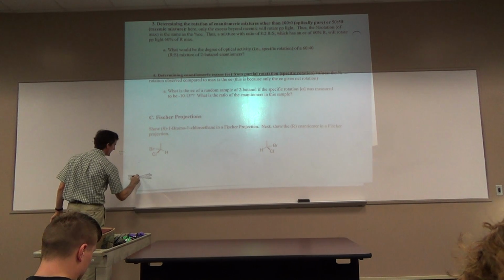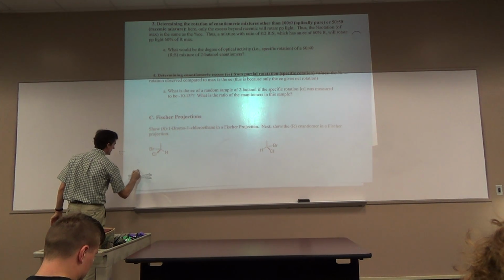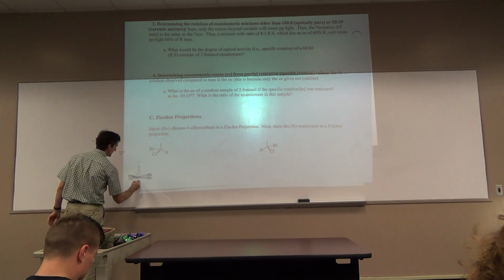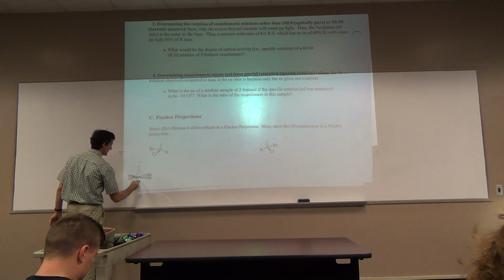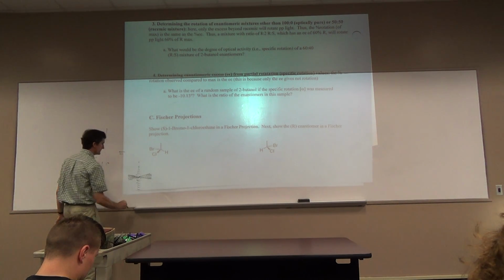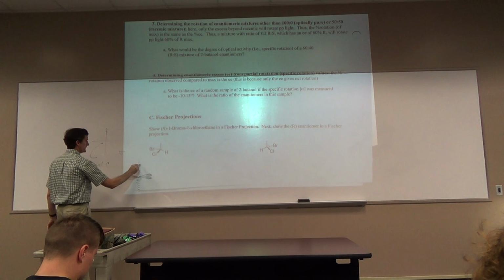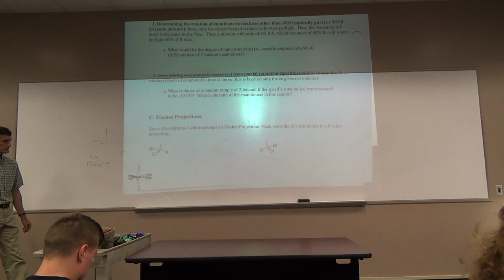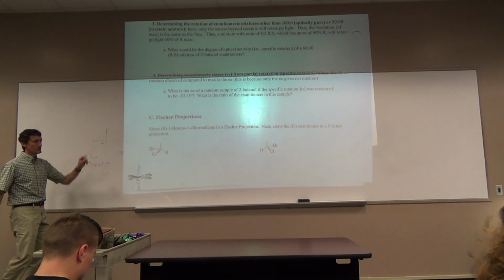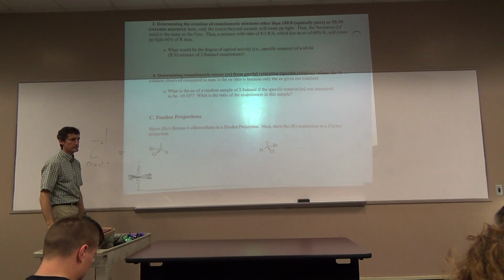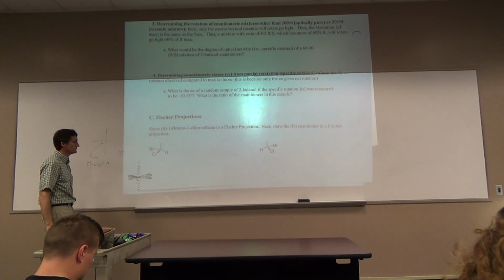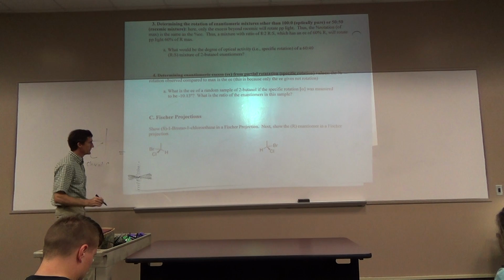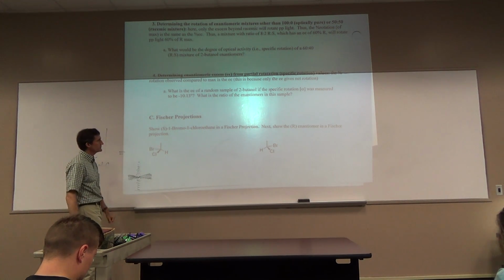Top and bottom is implied things are going away. So the crosshair is implied. We can draw these in a Fischer projection.